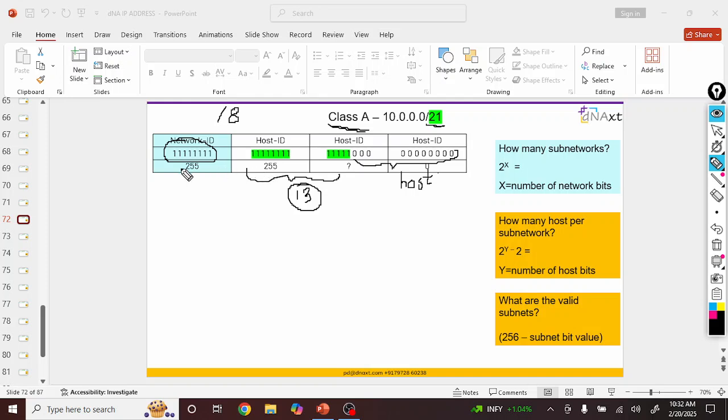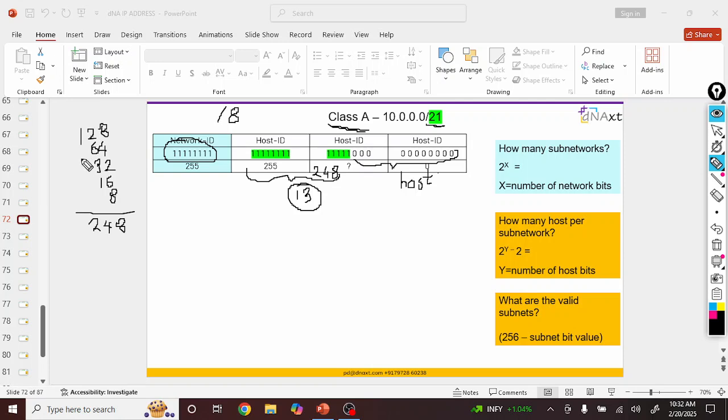Okay, now let's write down the subnet mask. It will come out as 255.255.248.0. Why 248, not 240? 248 because 128 plus 64 plus 32 plus 16 plus 8 comes out as 248.